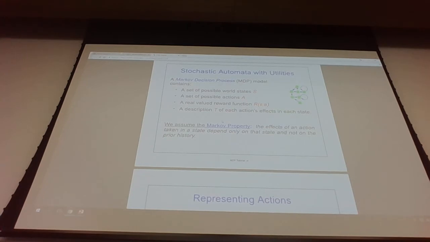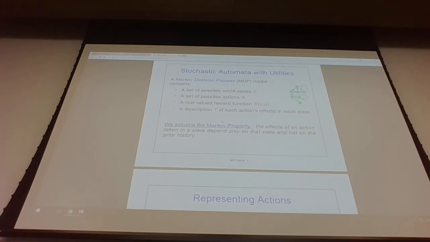And then a description T of each action's effect in each state. So what is the effect of an action? You are in a particular state, you take an action, you go to another state. That is the effect of an action. So that is the transition description.